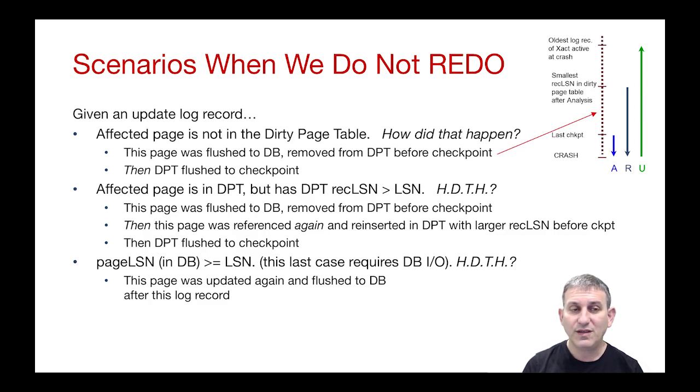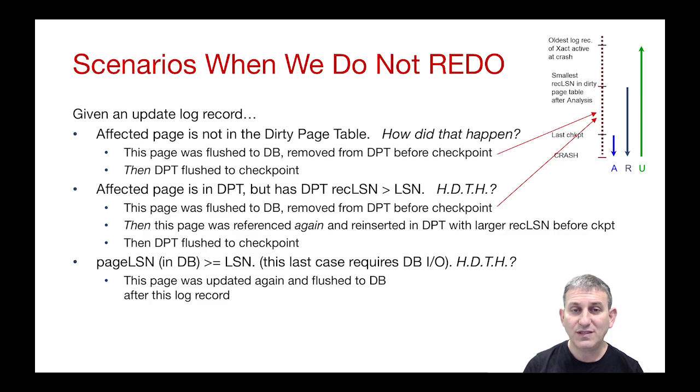Okay, scenario number 2. The affected page is in the dirty page table, but it has a recLSN that's greater than this LSN. How did that happen? Well, again, this page was flushed to the database and removed from the dirty page table before the checkpoint. So it's no longer in the dirty page table in memory.